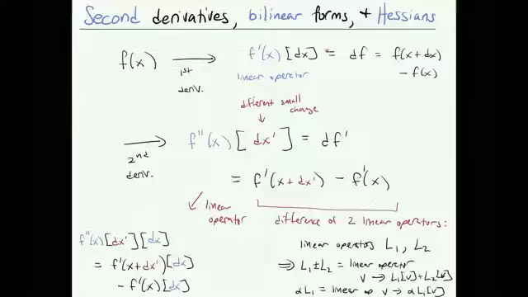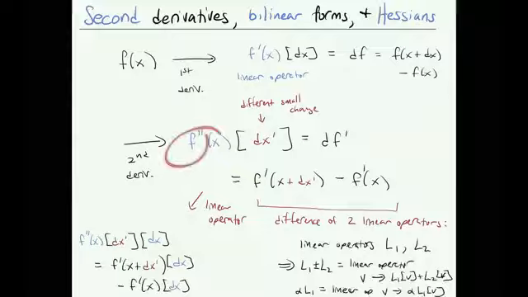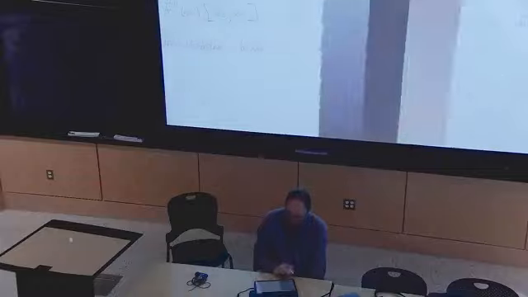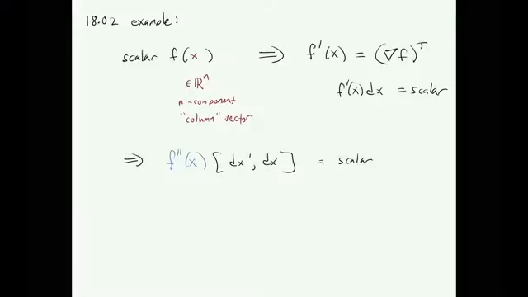that f prime takes in a vector and gives you the same output as f, because it gives you the df. So f double prime, when you plug in both vectors, your dx prime and dx, has to give the same output as f prime of dx. Right? So it has to give something the same shape as f. So this takes in two vectors and gives you a scalar. Right?